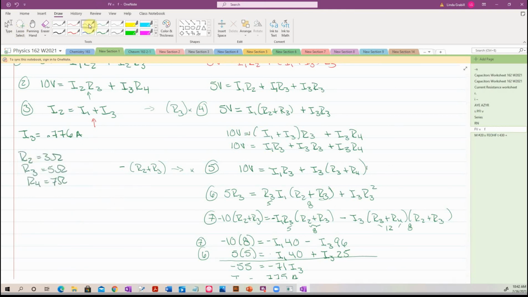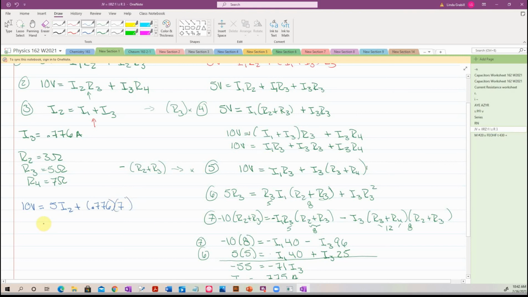I'm going to squeeze it in over here. I have 10 volts equals I2 times R3, which is my 5 ohms. So 5 times I2 plus I3, that 0.776, times R4, which is 7.